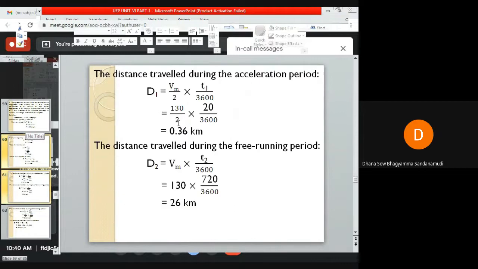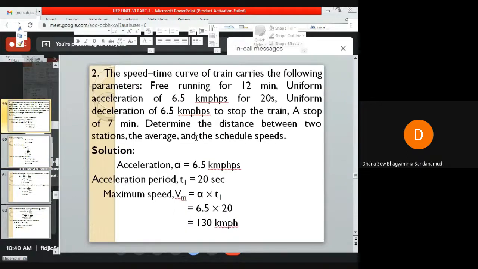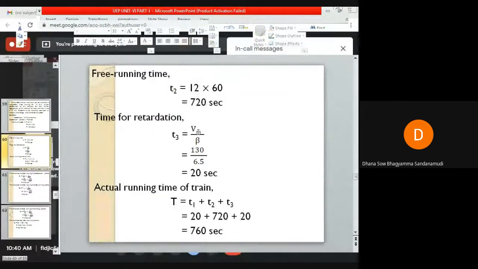Beta is already given in the problem, 6.5 kilometers per hour per second, deceleration means retardation. So substituting Vm and beta, 130 by 6.5, you will get 20 seconds.